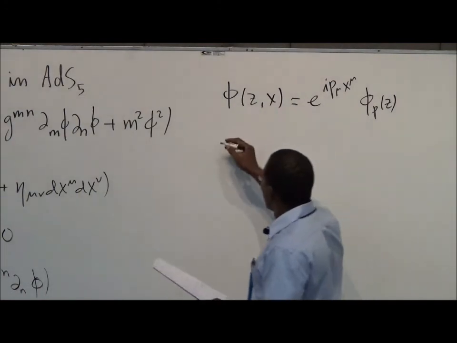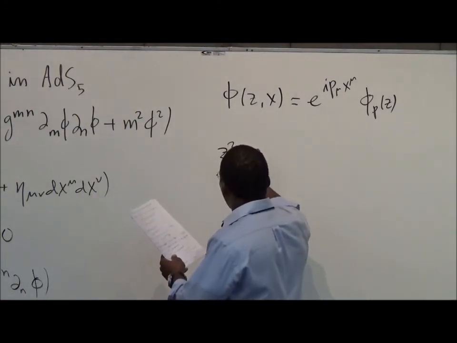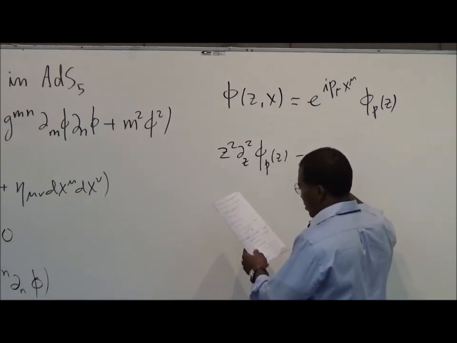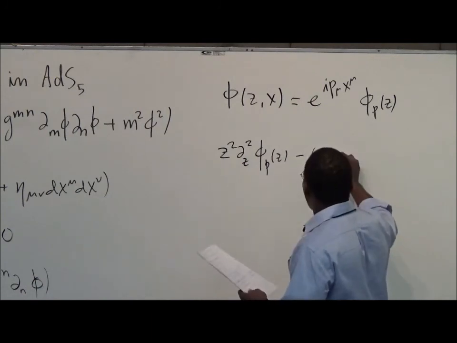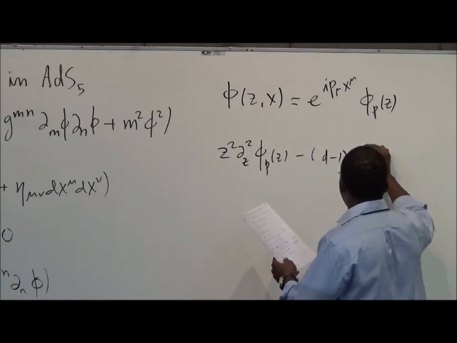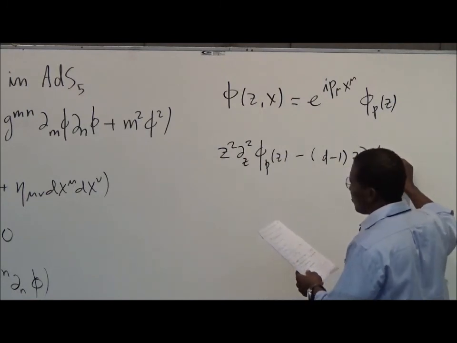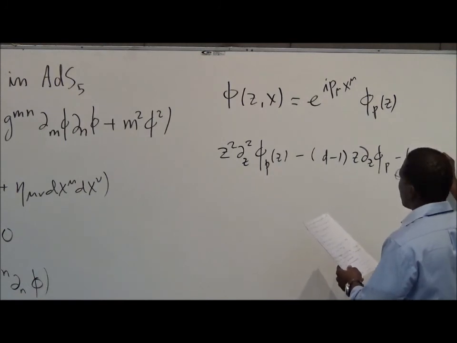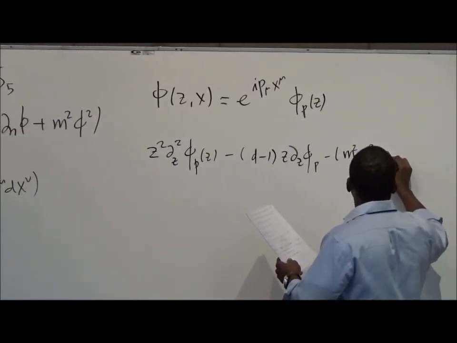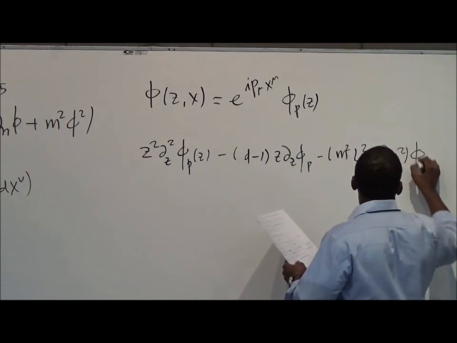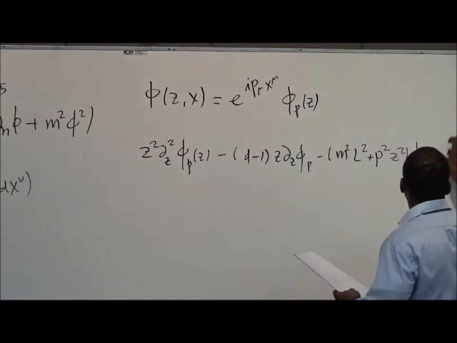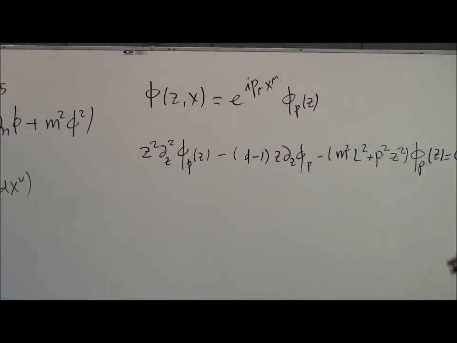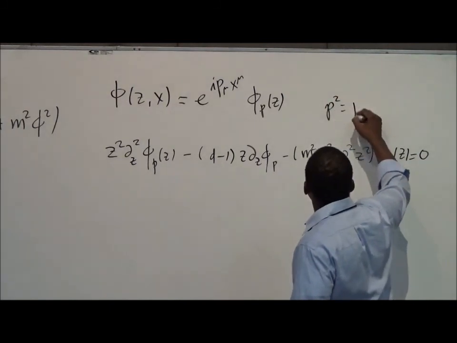So here's the answer after I do all that: z squared, d z squared acting on these modes, minus... I'm doing arbitrary dimension, but of course we can focus on d equals 4, which would be AdS5. And p squared is the square of the momentum.